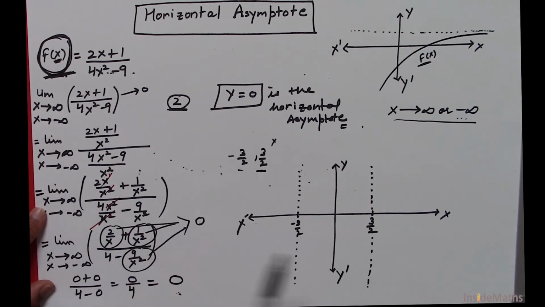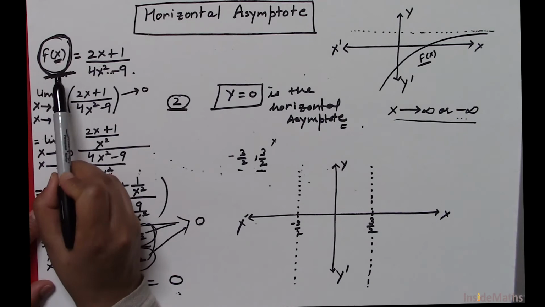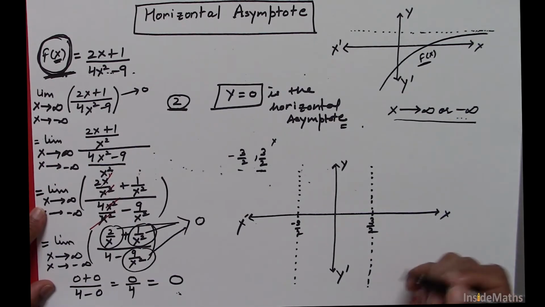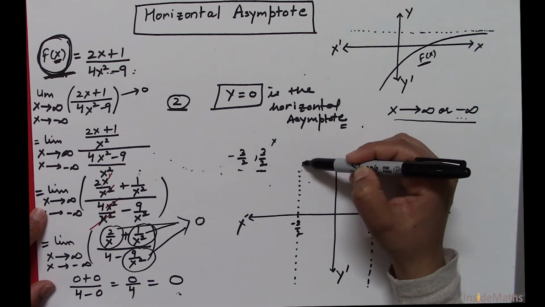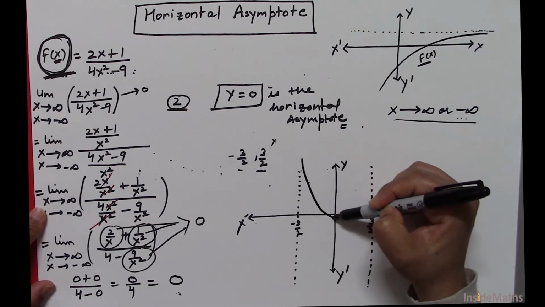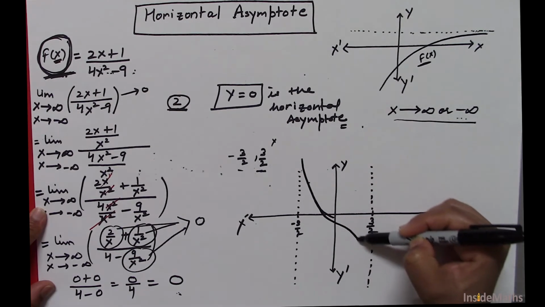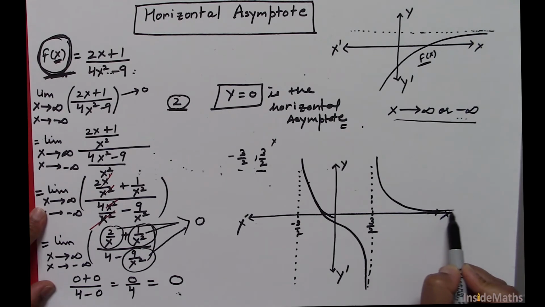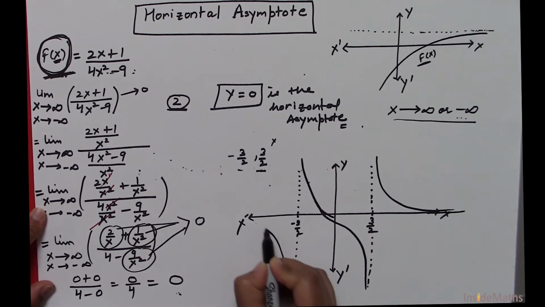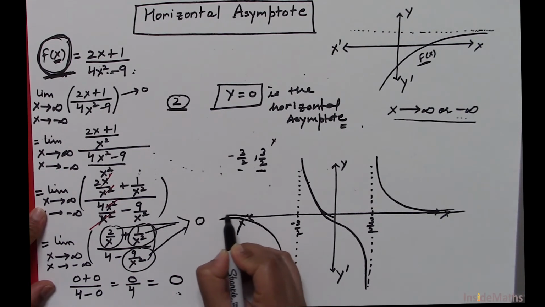Then by joining all those values, you can find the graph of this function. Or you can use a graphic calculator to find the graph of this function. So the graph of this function looks like this.